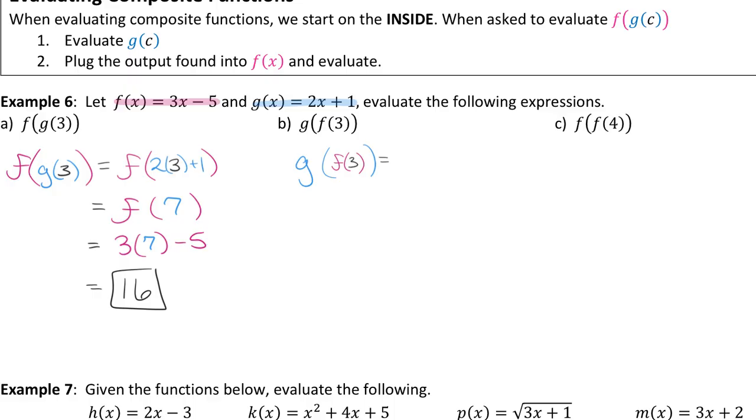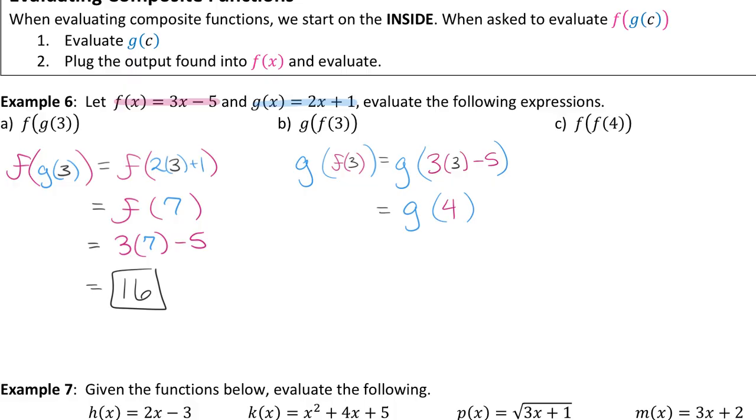Same number, but composed differently. This time, the inside tells me to plug 3 into the f function. So here I go. We're going to do 3 times 3 minus 5. Well, what is 3 times 3 minus 5? 9 minus 5, which is 4. So I have g of 4.